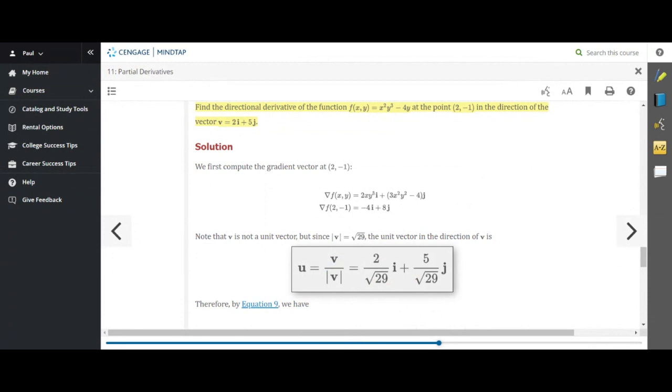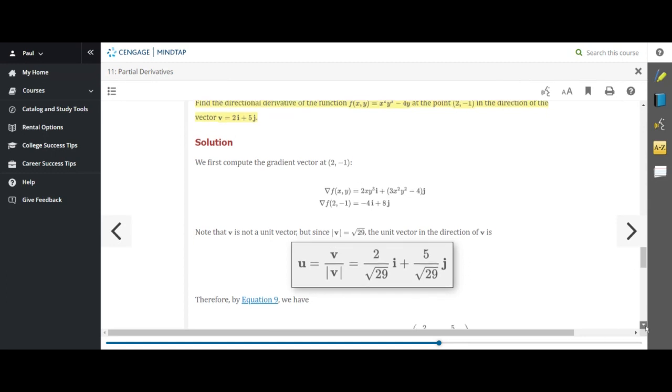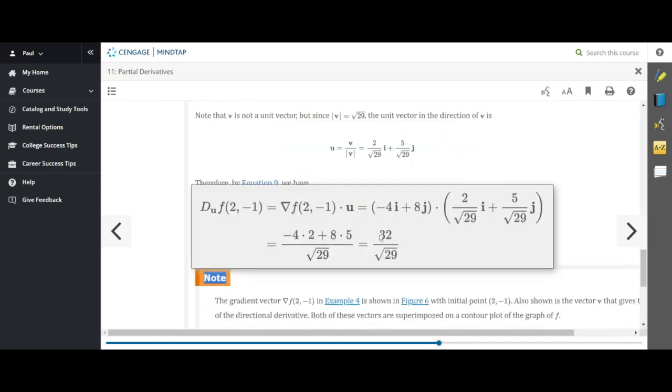The unit vector u points in the same direction as the vector v, but it has unit length. And at this point, we are ready to compute the directional derivative. And that's what they do. Again, the answer is in radical form.